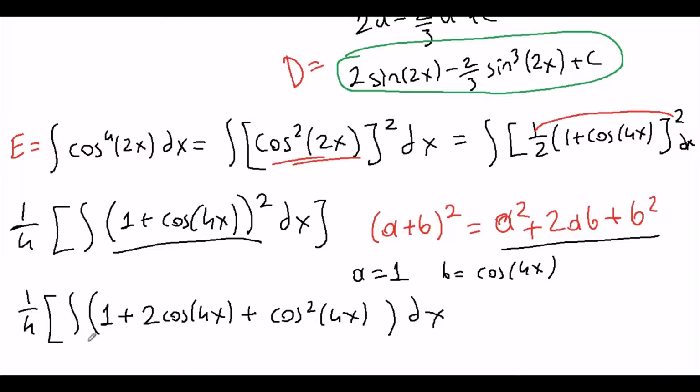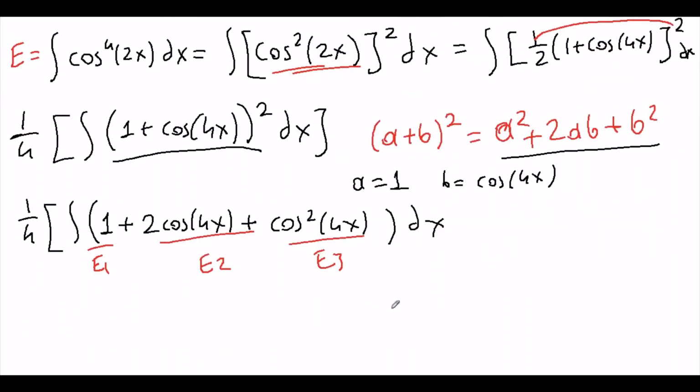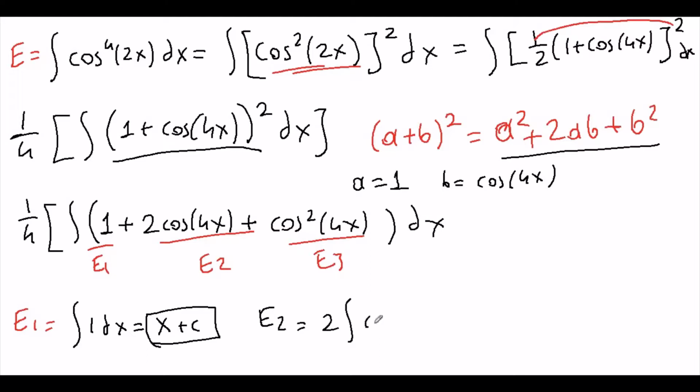Now if you call this block E1, this E2, and this E3, we can do it one by one. Our E1 term will be the integral of 1. Integral of 1 is x. And our E2 term will be 2 times the integral of cosine of 4x.